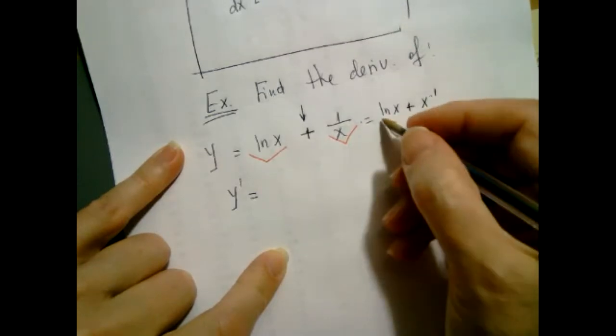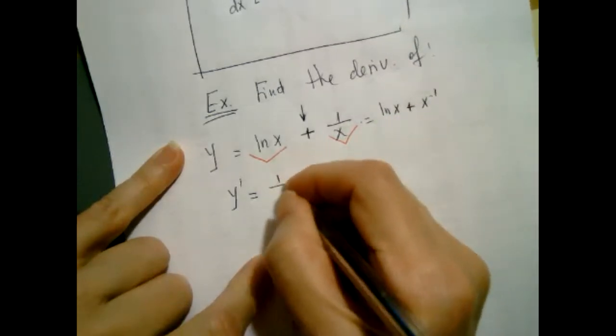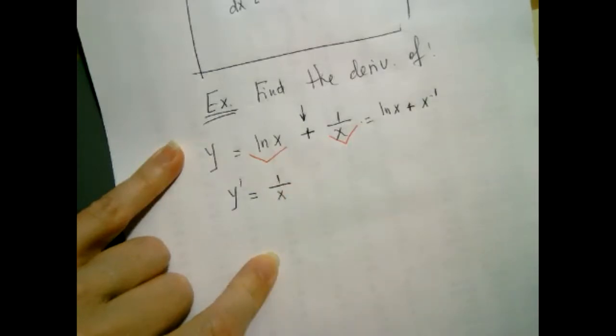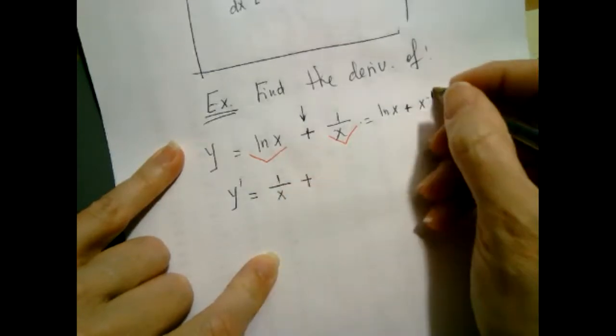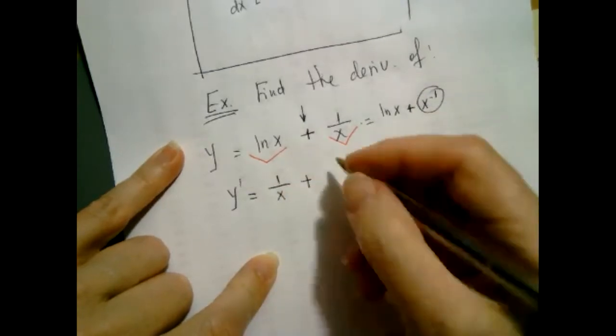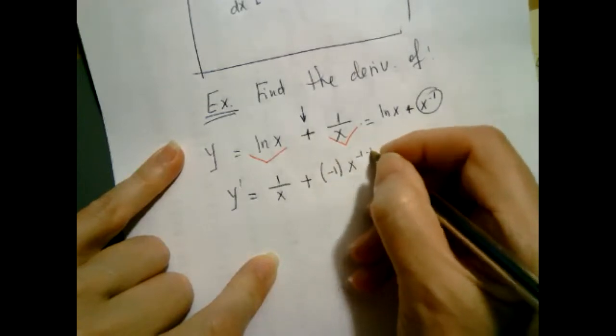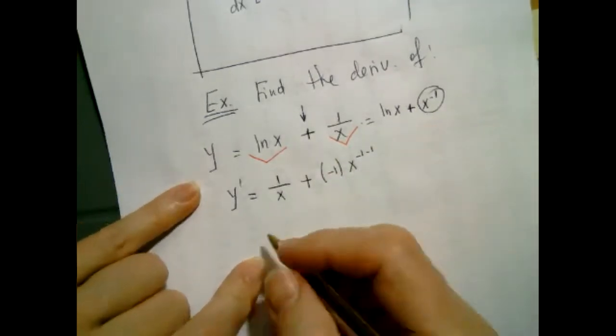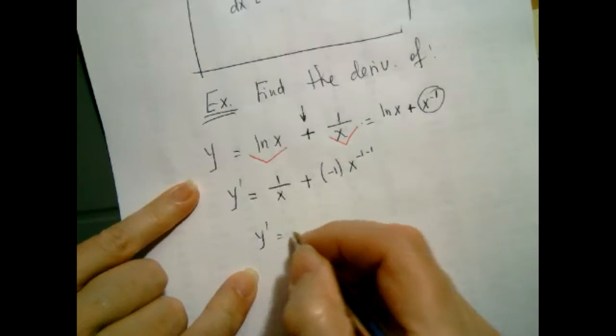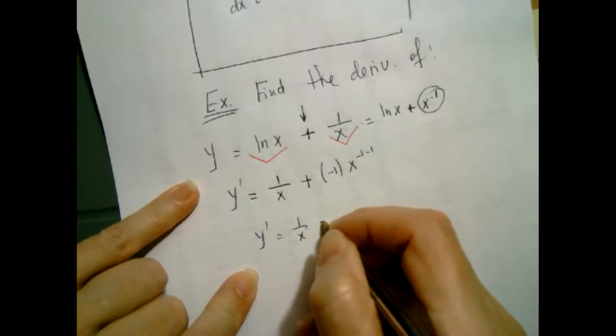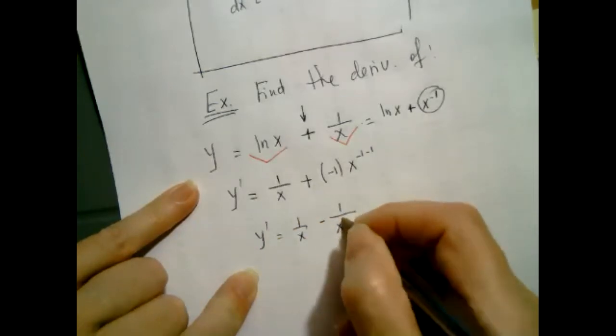So my derivative is the derivative of the ln, which is 1 over x, plus the derivative of x to the minus 1, which is minus 1 times x to the minus 1 minus 1. So this gives me y prime equals 1 over x minus 1 over x squared.